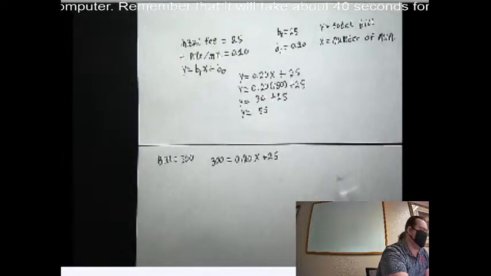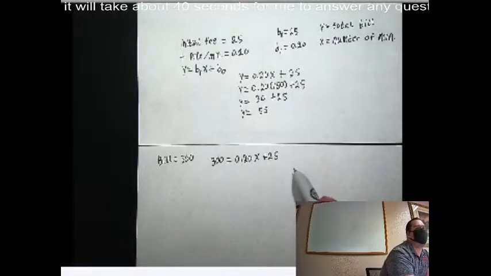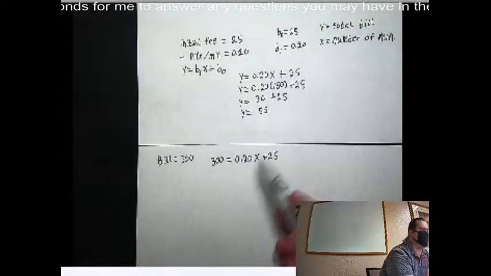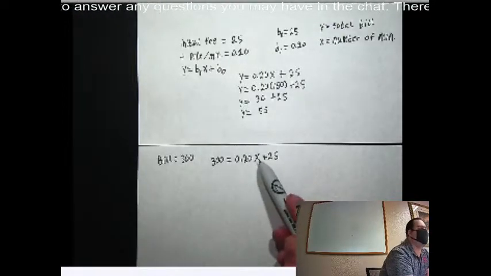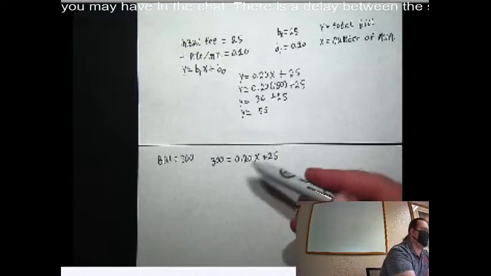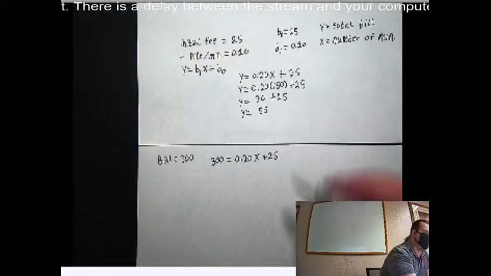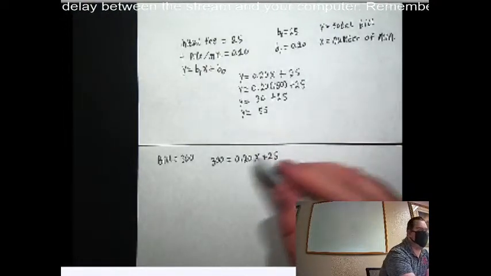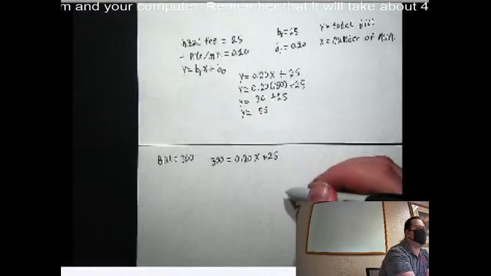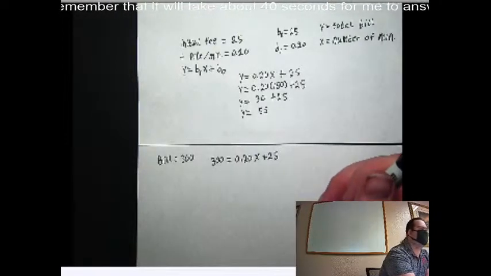So for instance, I could divide this side by 0.2 to get it off of x, since it's multiplying by x right now. Dividing by 0.2 would be the opposite of that, and they would cancel. Similarly, plus 25, I could subtract 25 from this whole side. And because subtraction is the opposite of addition, it would cancel this 25.